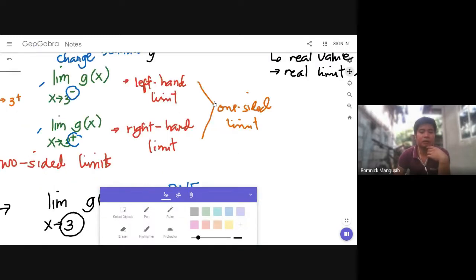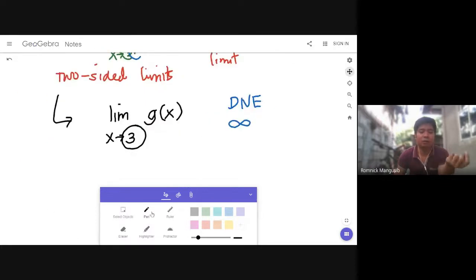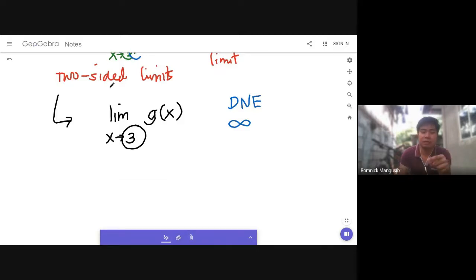So ano ang nire-recommend? Ano ang conditions that must be satisfied for us to say that these two-sided limits will exist? You know, these two-sided limits now requires the one-sided limits. Dahil two-sided siya, kailangan, ang nire-require niya daw, kailangan na mangyari itong si left at right. Okay, so we have left.